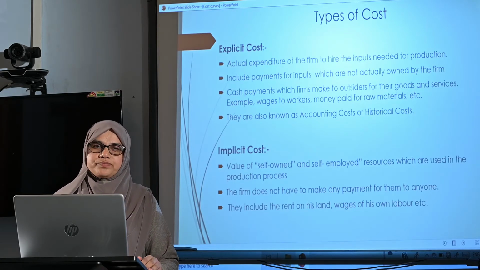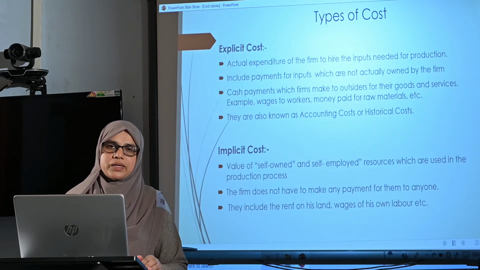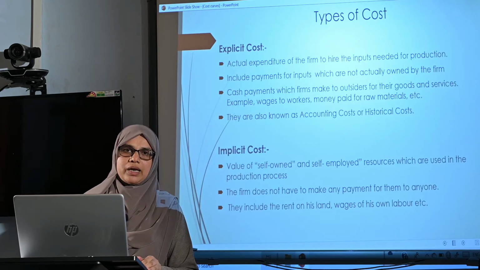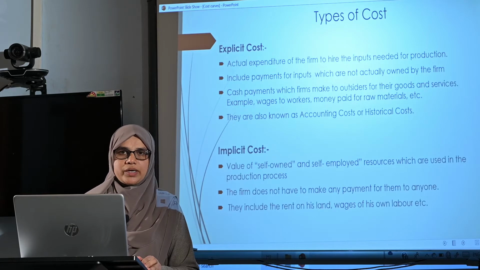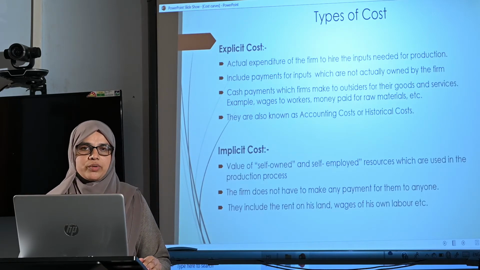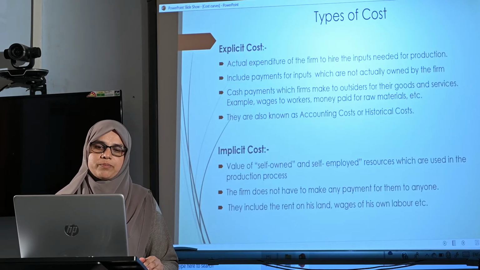For example, the producer has to hire laborers in the production process, or it has to take land for rent, and the payment for these are included in explicit cost. Explicit cost is also known as accounting cost or historical cost.